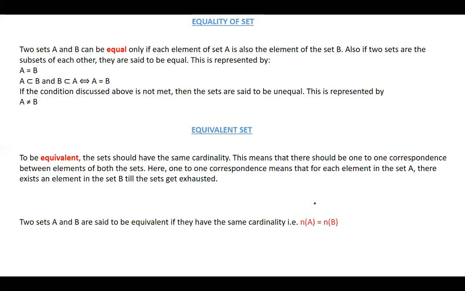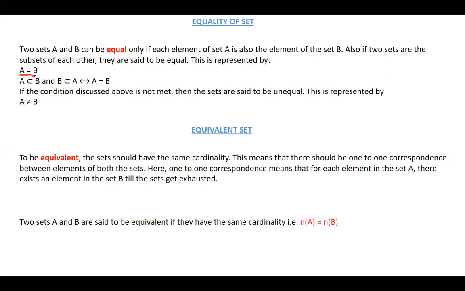When the elements in set A are just the same elements that are also in set B, those two sets A and B are said to be equal.